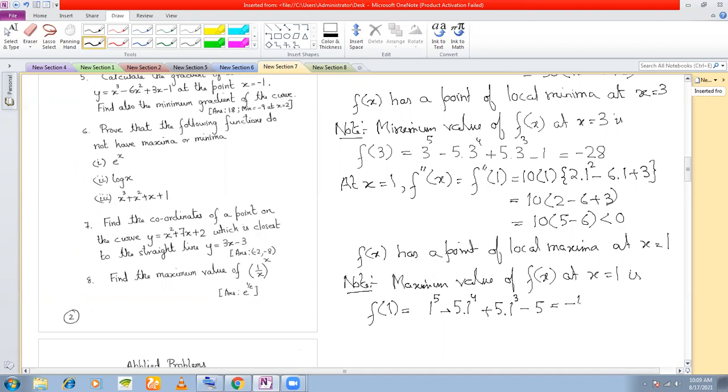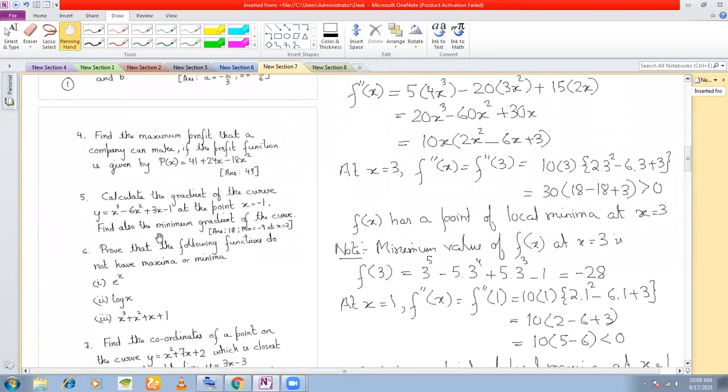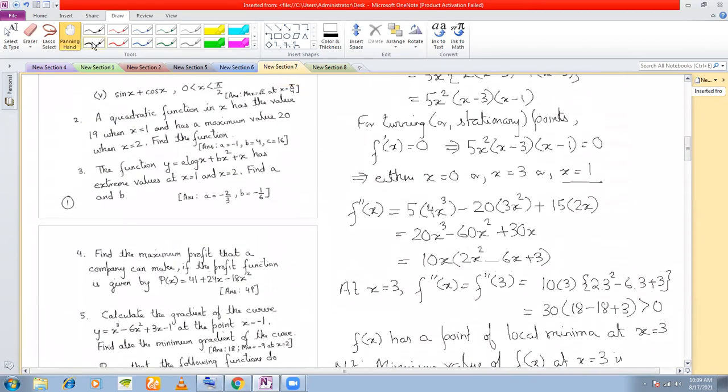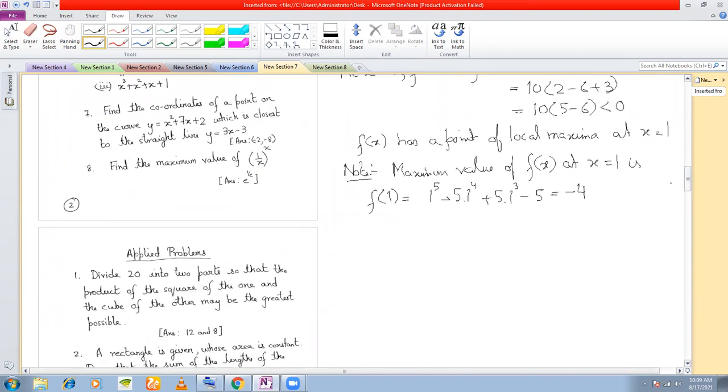You can find this out to be minus 4. Now the third point here that we have not considered till now is x is equal to 0. We'll consider this point.